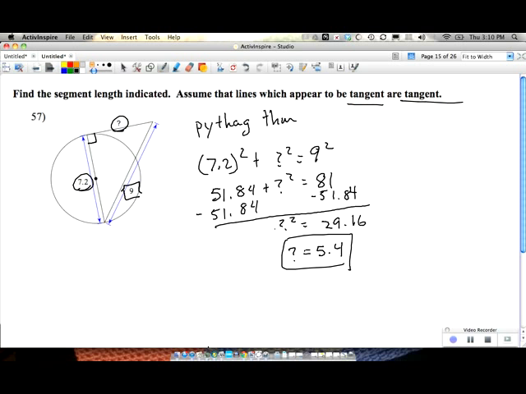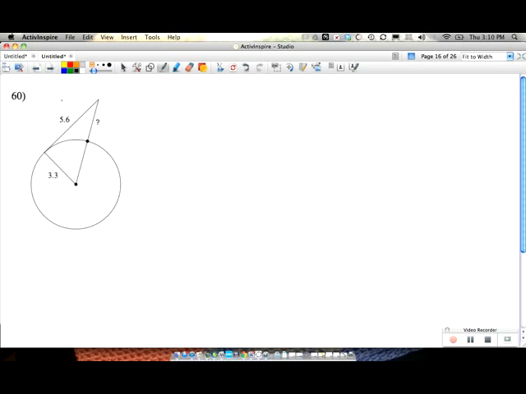All right. So now I have 5.6 as a leg and 3.3 as a leg. Now this other piece here is kind of interesting because the question mark only represents the outside. It's not looking at the whole thing. It's just looking at this piece right here.